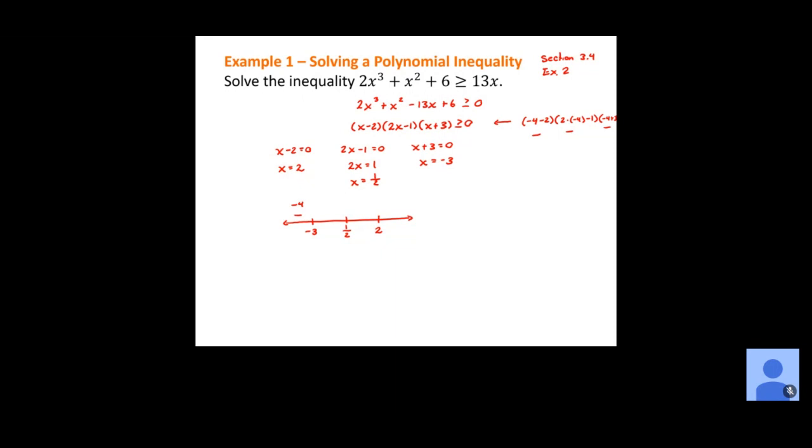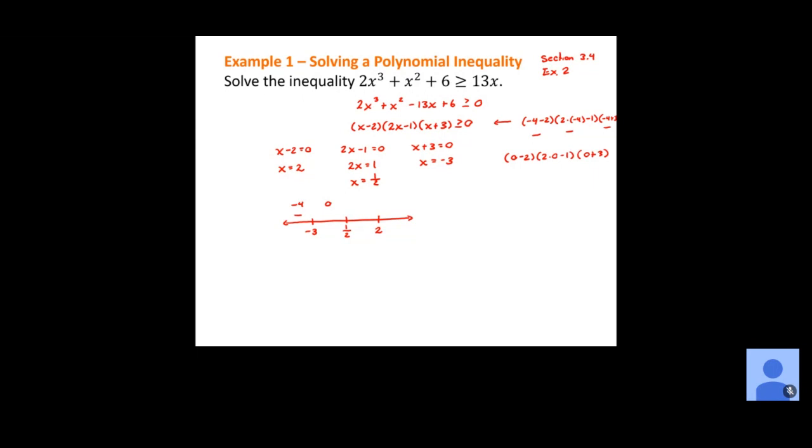Any questions about how I got that? All right, what's a value between negative 3 and 1/2? 0 works, that's going to be the easiest one. So again, I'm just going to plug into that factored form. We're going to have 0 minus 2, 2 times 0 minus 1, and 0 plus 3. Again, all I care about are the signs.